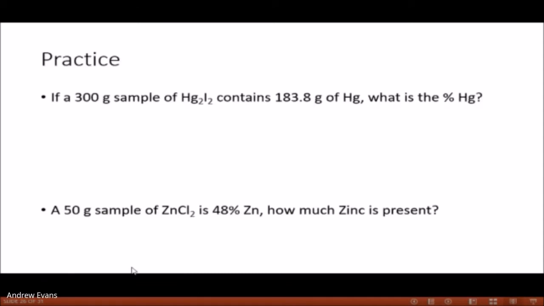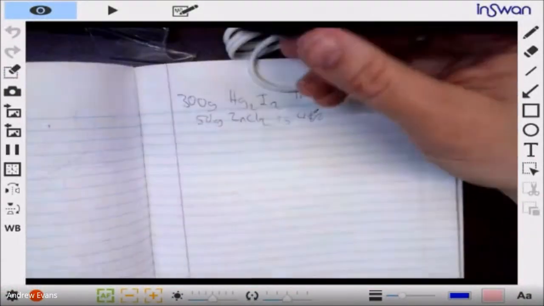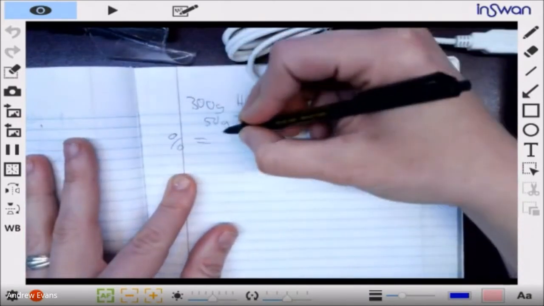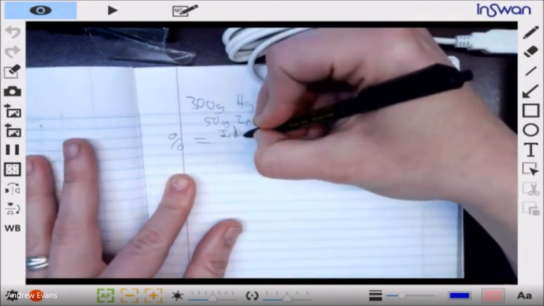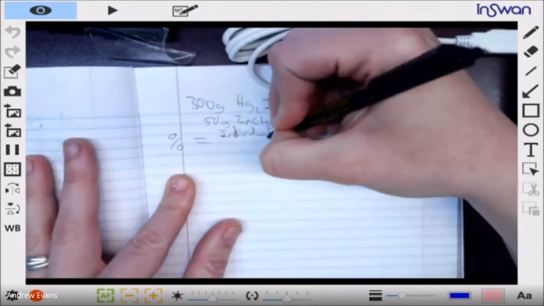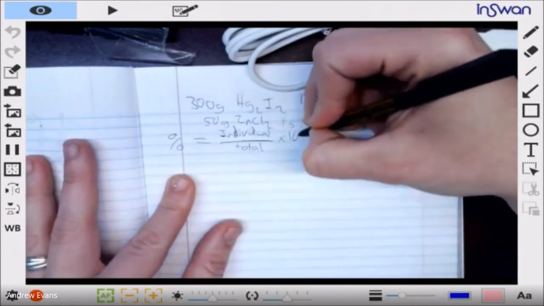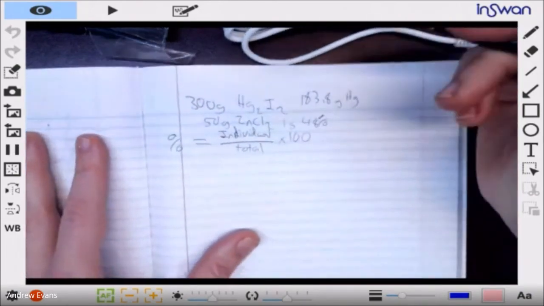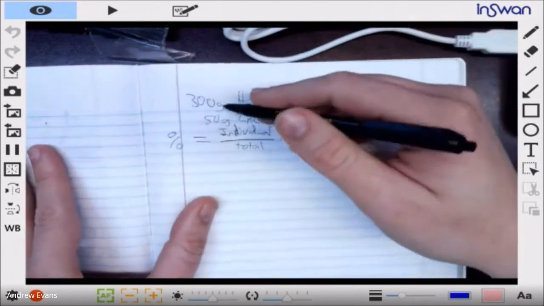So if we're looking at percent equals individual over total times 100. It should be relatively easy to set this up. You just have to realize which category they fit under. A total sample of mercury iodide.